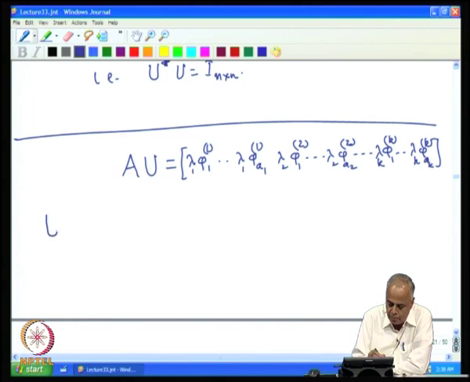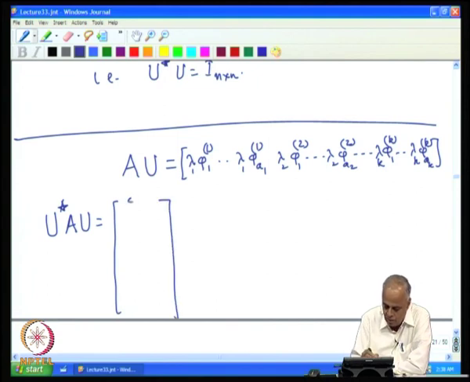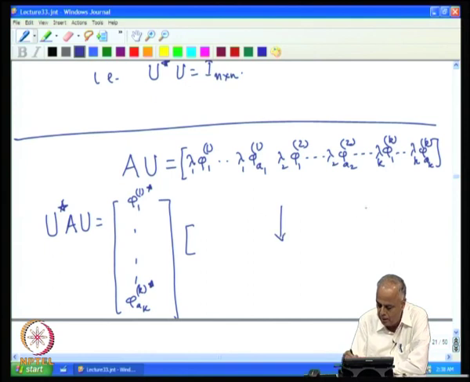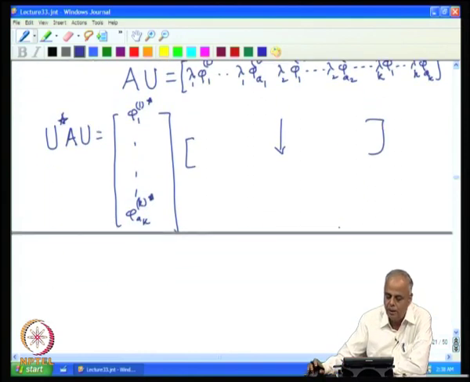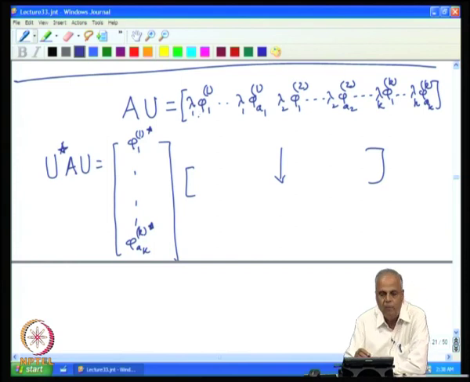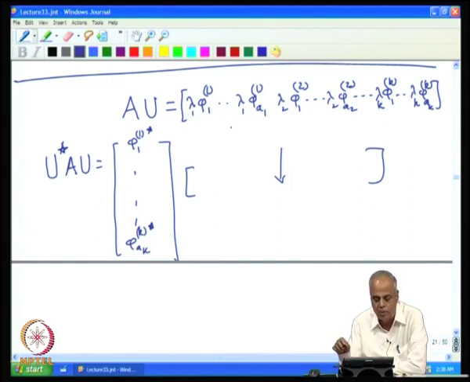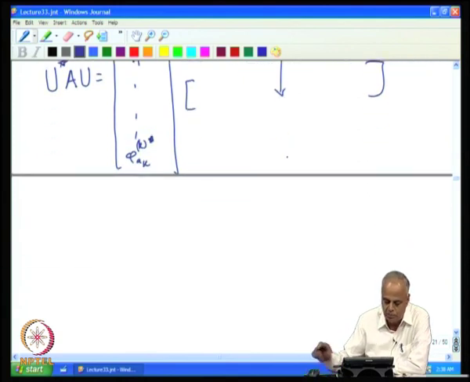So, therefore, we have U star A U. We will start with phi 1 1 star and we end up with phi k a k star and this matrix here, and when we multiply we get phi 1 star phi 1 is 1 because of orthonormality and therefore, we will get lambda 1, but phi 1 star phi 2 will be 0, phi 1 star phi 3 will be 0 because of orthonormality, all the others will be 0.